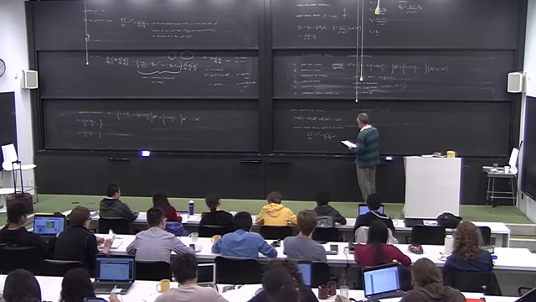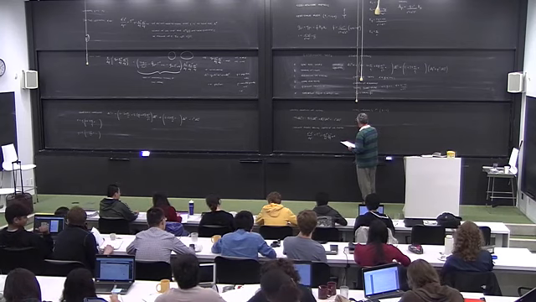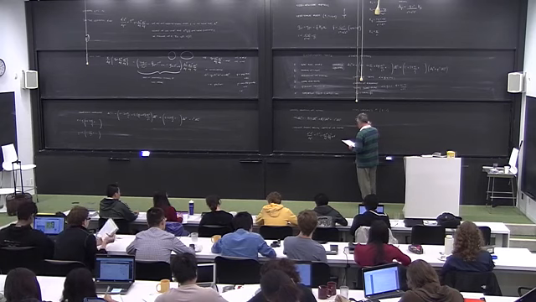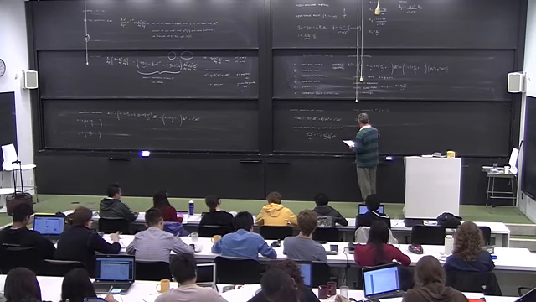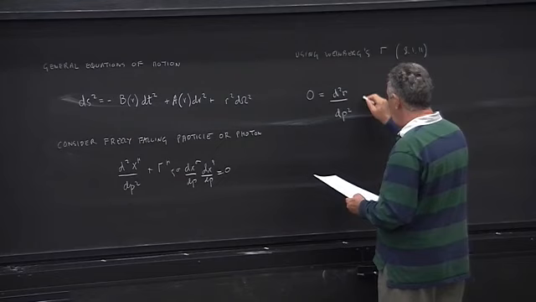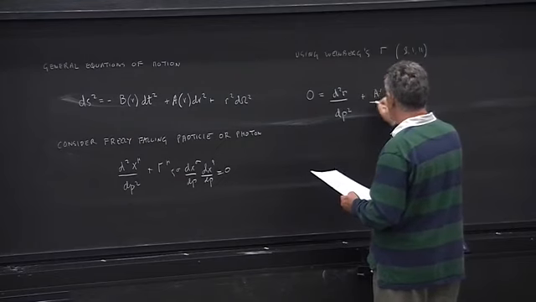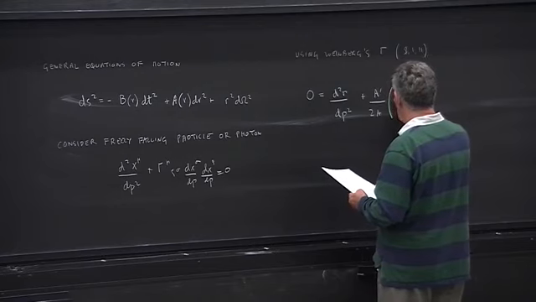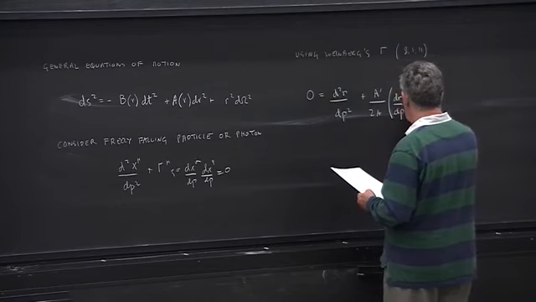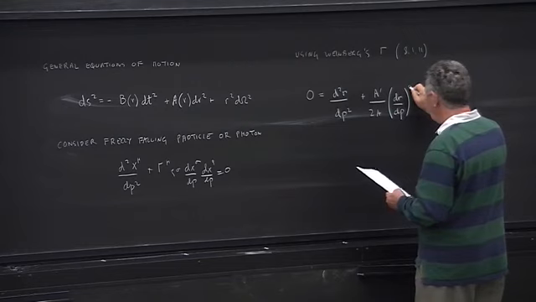The r equation is d2r by dp squared plus a prime over 2a dr by dp all squared.